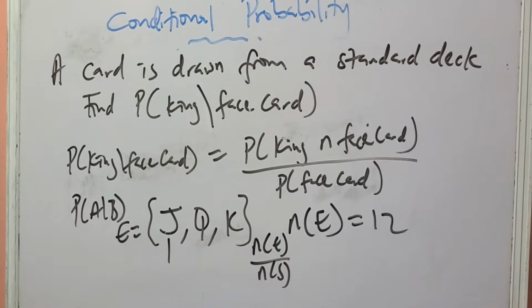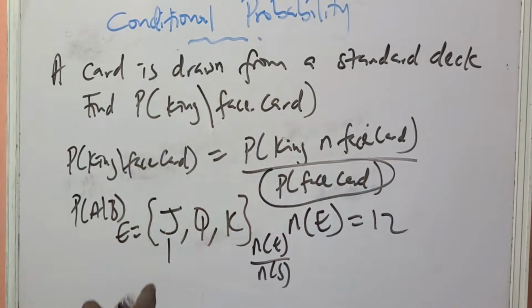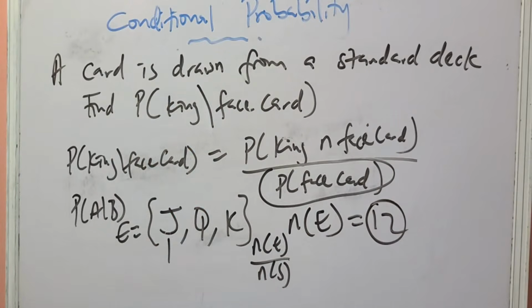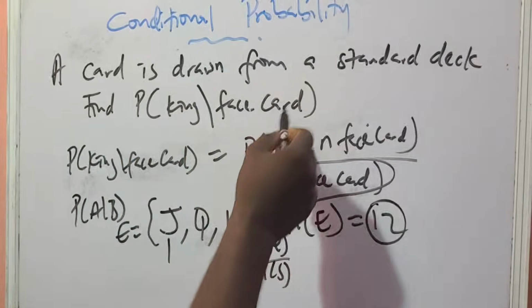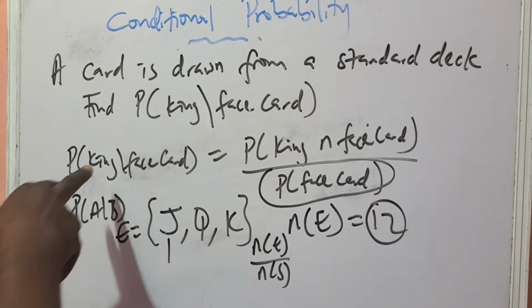You deal with this as the denominator. In this particular question, the denominator will be 12, because King given face card, the denominator will be 12. Note that. So whatever answer you're getting here will be over 12.